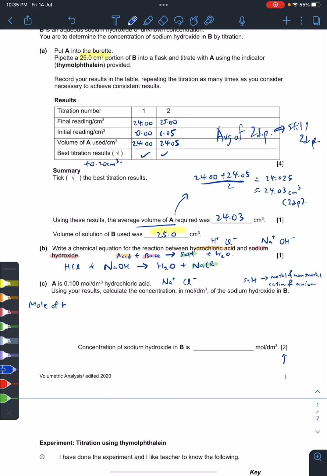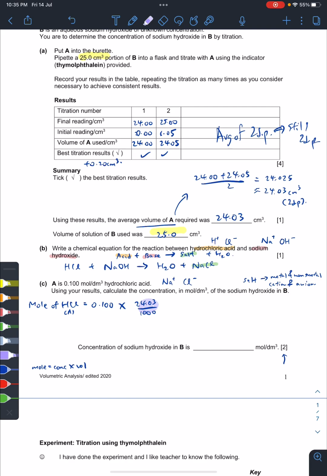Mole of HCl, which is your A, 0.100. So mole equals concentration times volume. That's the formula in case you forget. So concentration times volume. Do I have the volume of A? Yes. This is your 24.03 over 1,000. So this one also need to take note.